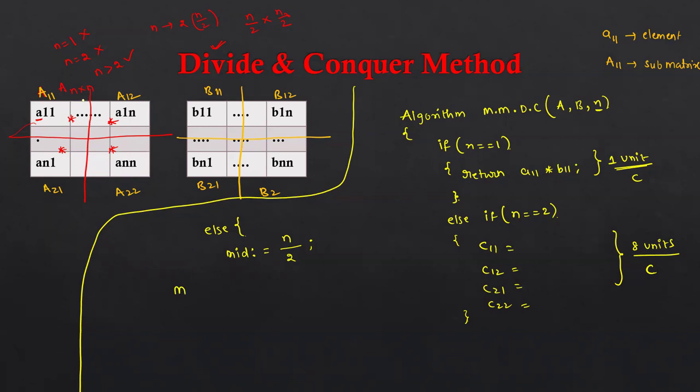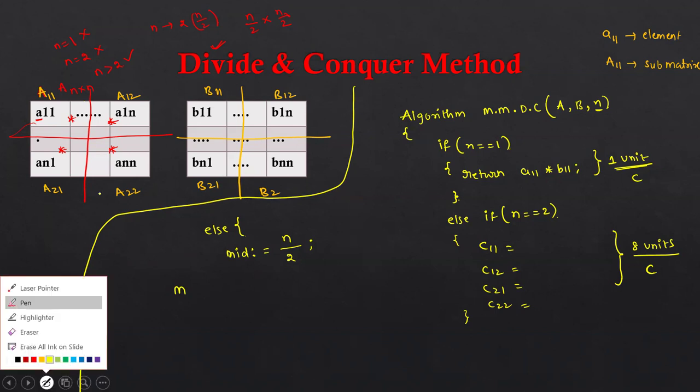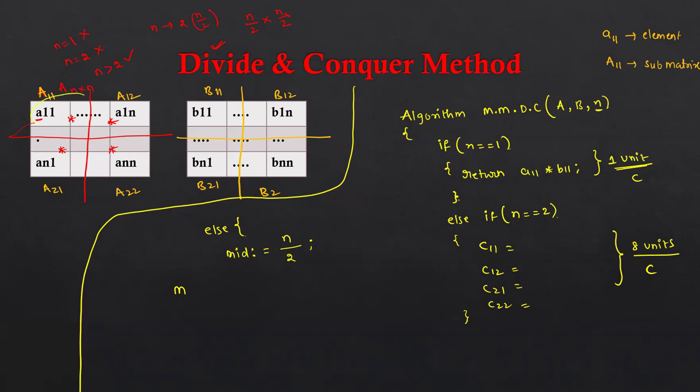This is an entire matrix, a submatrix, which is going to be multiplied with this submatrix. So this is a submatrix, this is a matrix. What values is this getting? Matrices only.